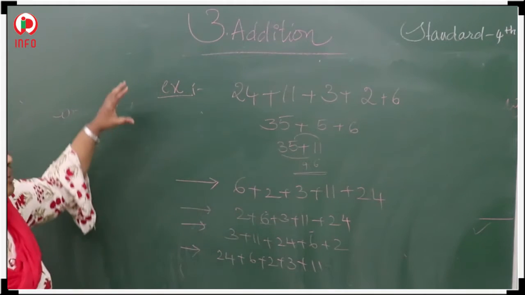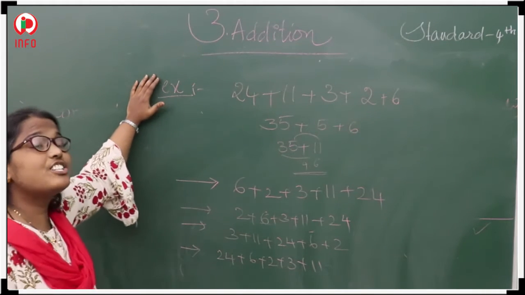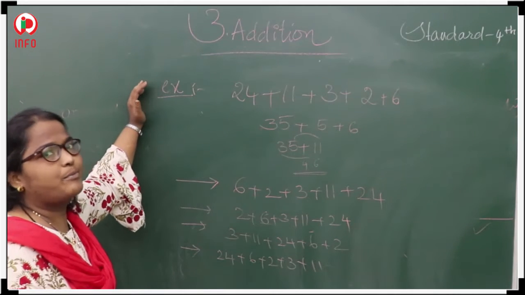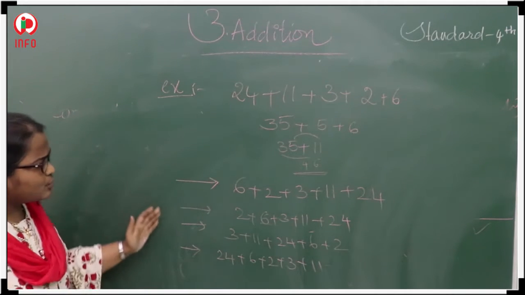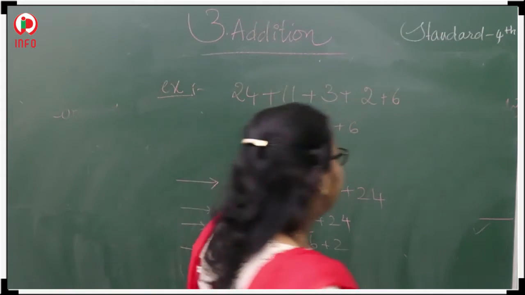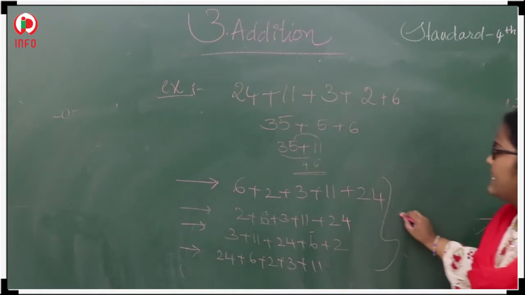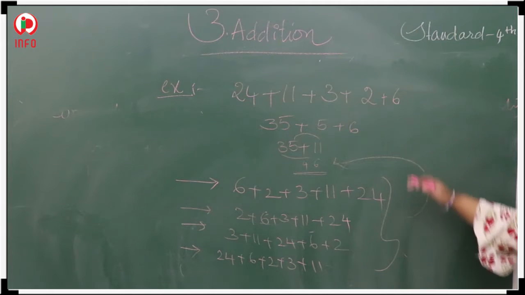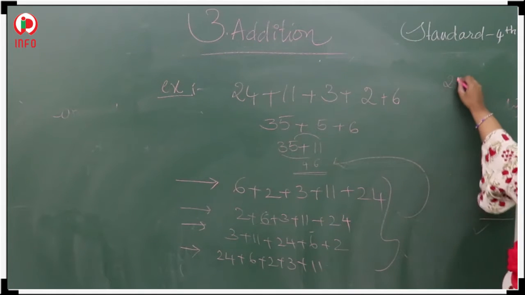So addition can be written in any of different ways. I have written it in 4 ways, and if I add the 4 ways, I'll get the same answer, 46.